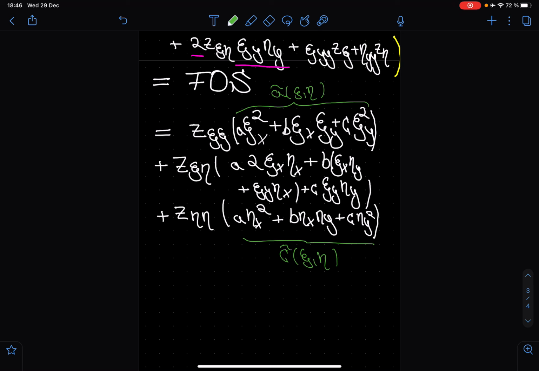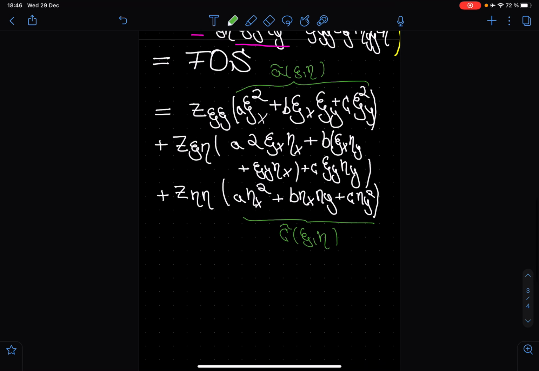So what you can see is these are new coefficients, but we want to cancel them out. This one only depends on psi x and psi y, and this one only depends on eta x and eta y. But actually it's the same.